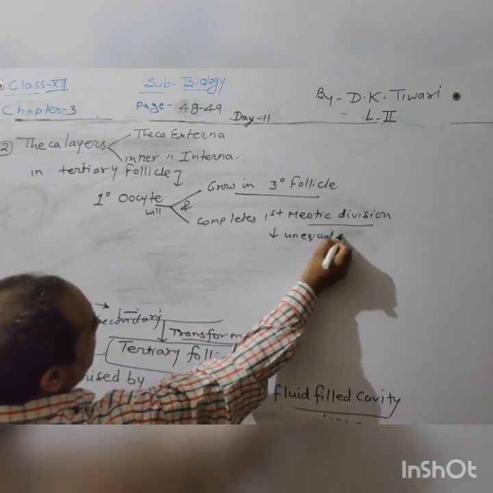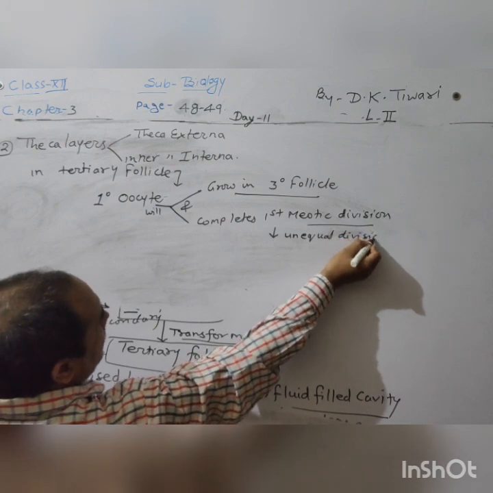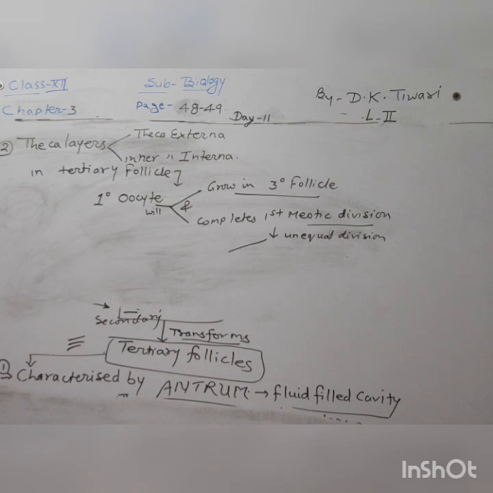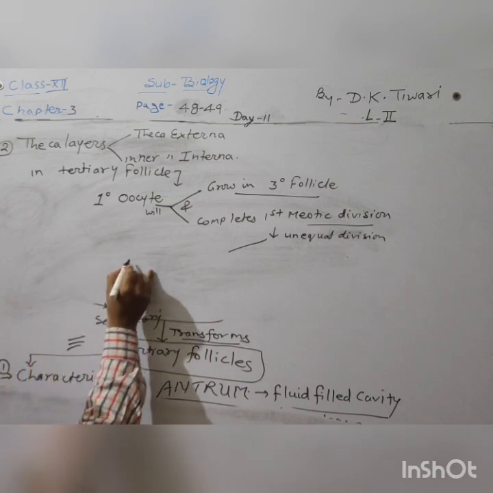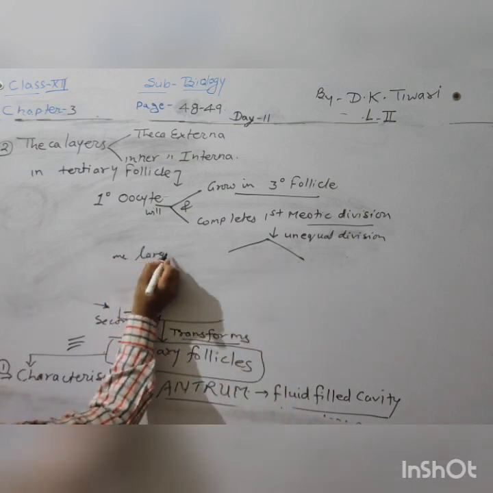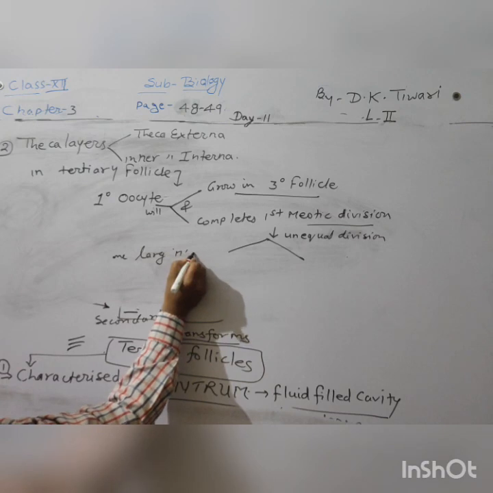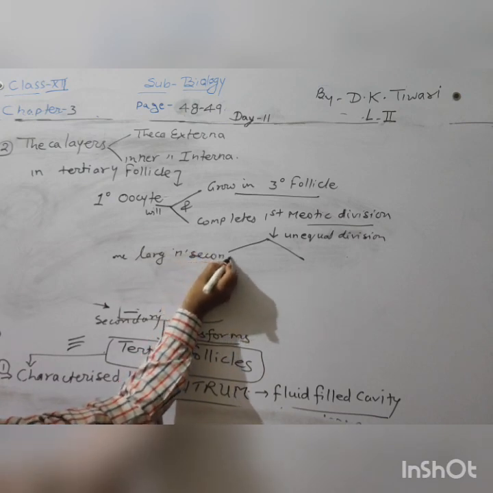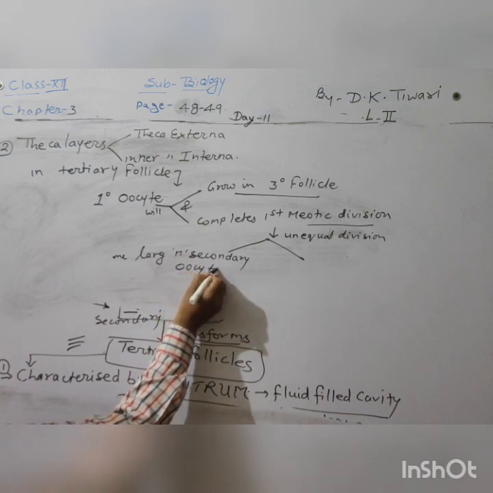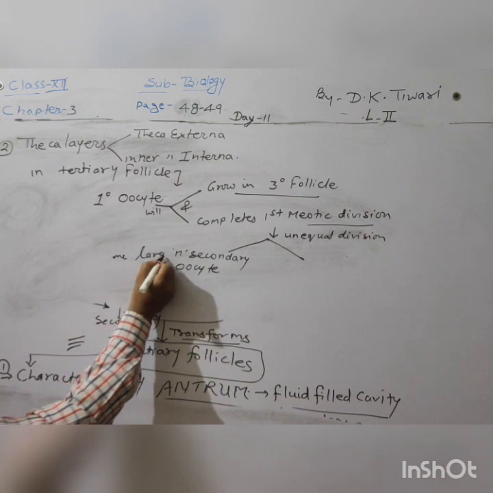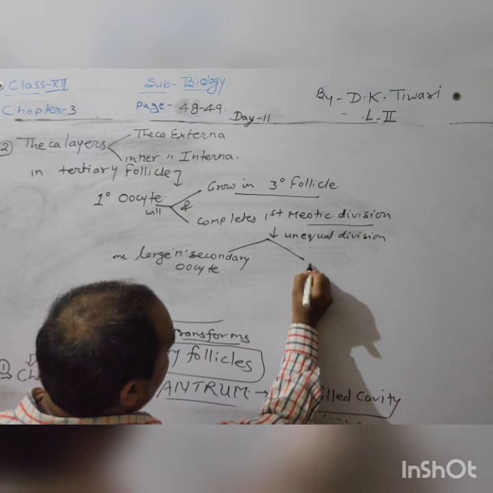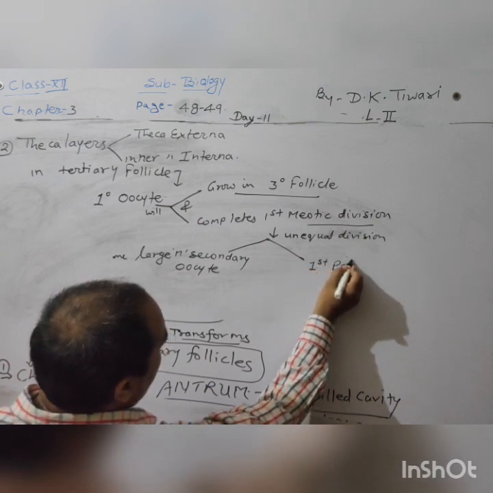By this unequal division there will be one large haploid secondary oocyte, and the second structure made here is called the first polar body.